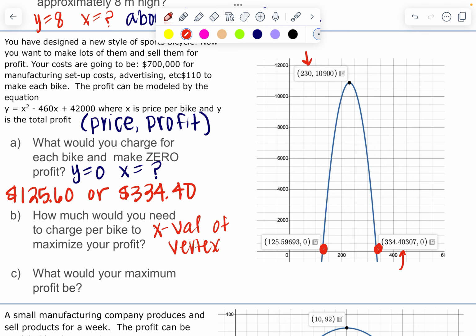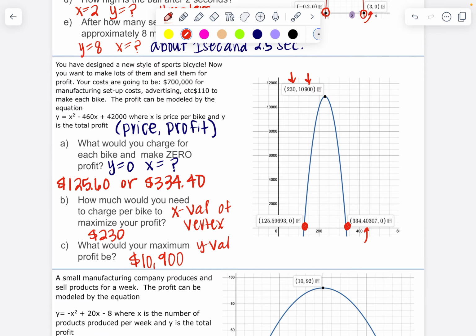So to maximize our profit, we would need to charge $230 per bike. And then our maximum profit is the Y value of the vertex. That is $10,900. So if we charge $230 per bike, we can get a maximum profit of $10,900.